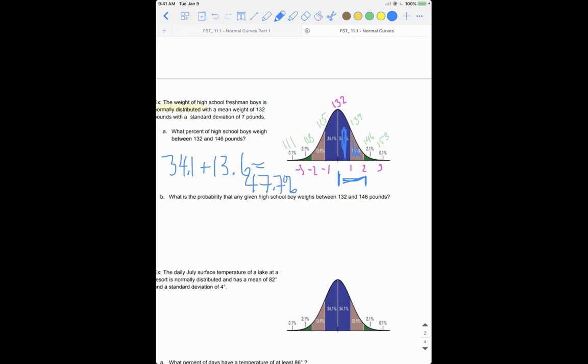That tells us that 47.7% of high school freshman boys weigh between 132 and 146 pounds. All we had to do was figure out what two sections we're comparing, and then take our percentages that fall in there. Okay, so let's move on to our next question.